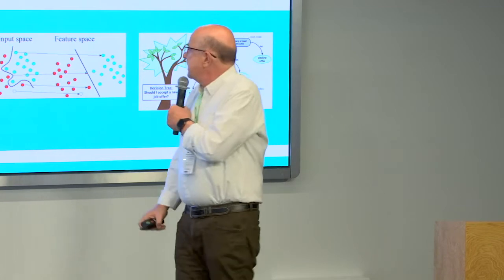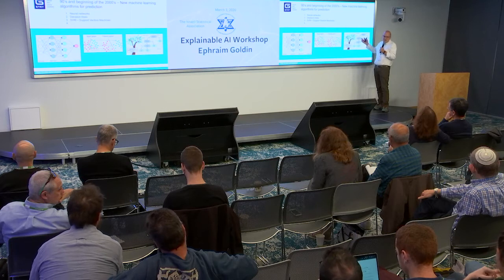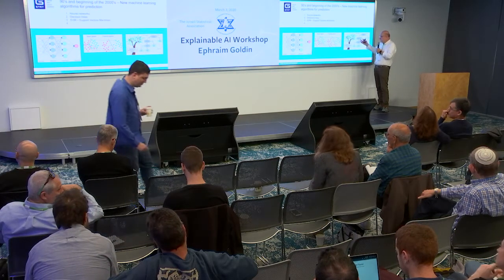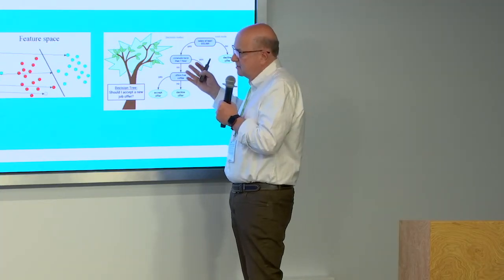So what happened in the 90s, we started to see new models, new algorithms, which aim to deal with those problems of outliers, of interactions, of nonlinearities, missing values, better than the classical statistical models. Of course, the best model is the decision trees. Very easy to implement, very easy to understand and to explain.